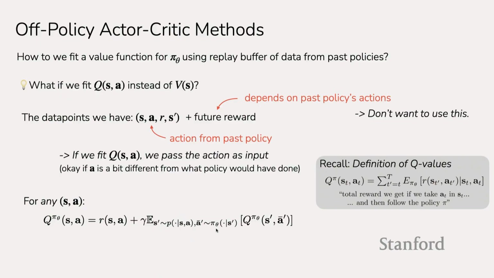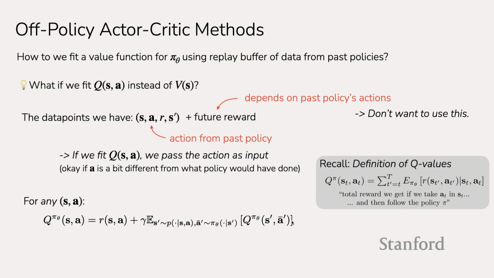Yeah, good question. So the question was, for this data, we have this action, and the Q function takes as input an action, but the rest of the trajectory was still following a different policy, right? And the Q needs to be summing the rewards for our current policy, not the other policy.